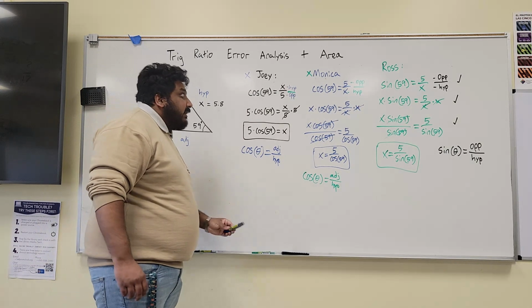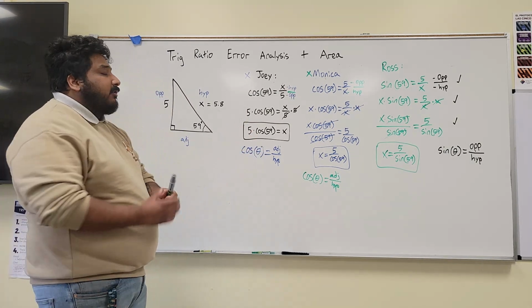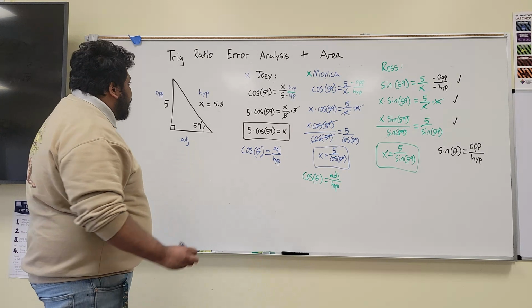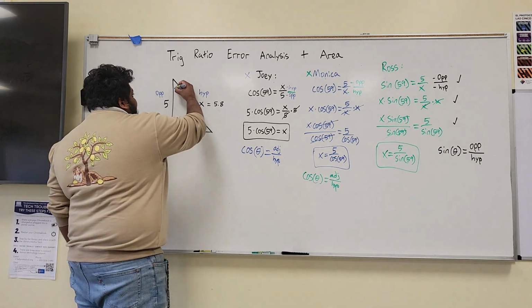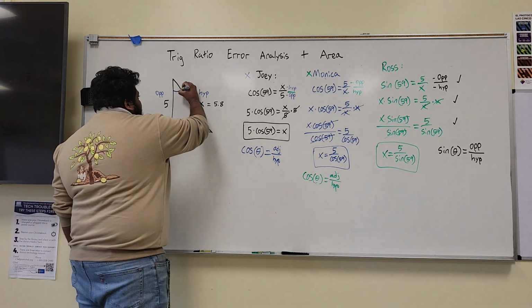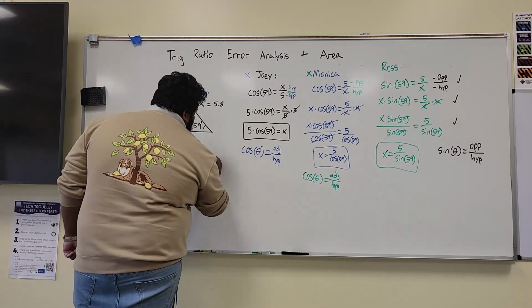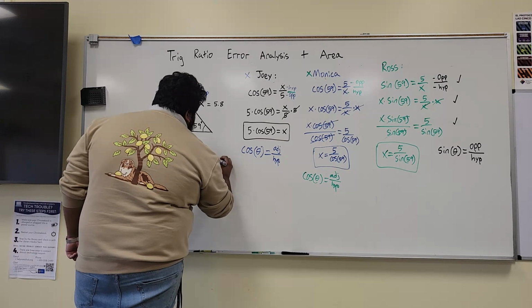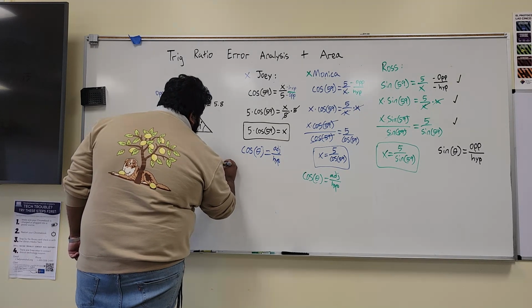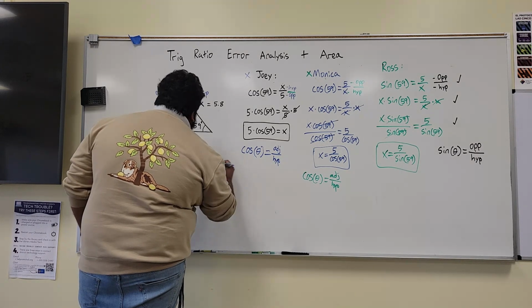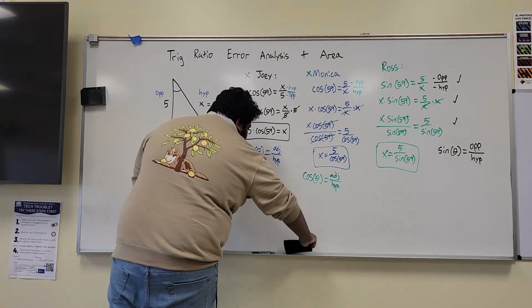If in any of these cases there was another angle in play, you could also verify that angle matches up here. So let's say we wanted to find this one: 180 minus 59 minus 90. That's going to give us our angle at the top.